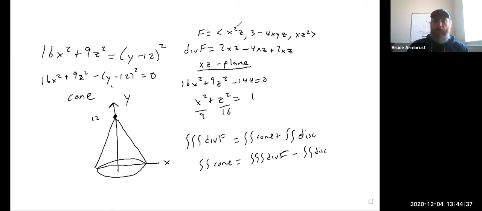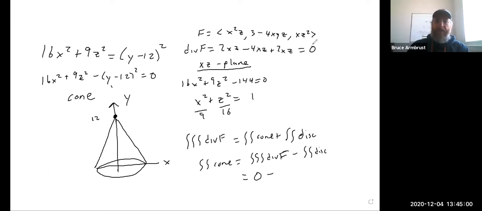So that was the partial of the first one with respect to x, the second one with respect to y, the third one with respect to z, which is 0. The divergence is 0.